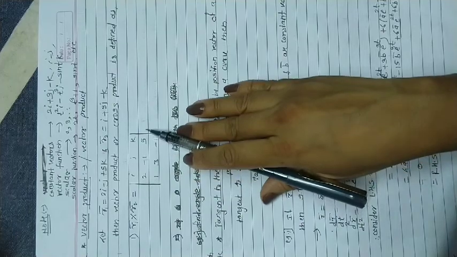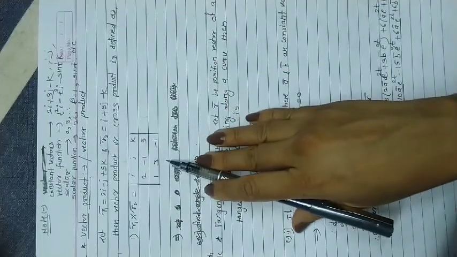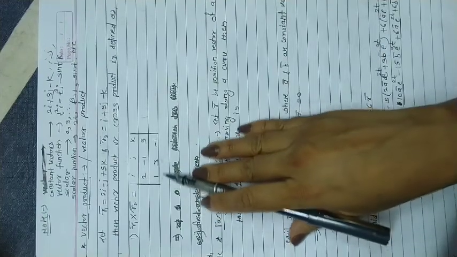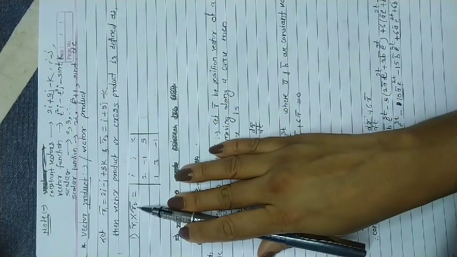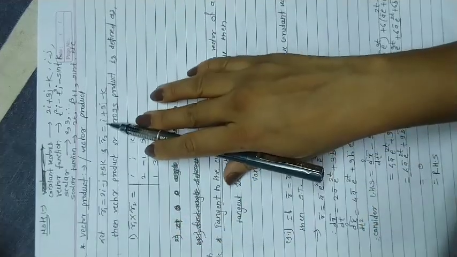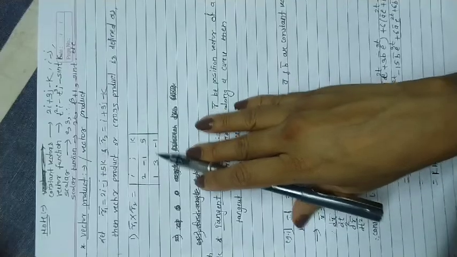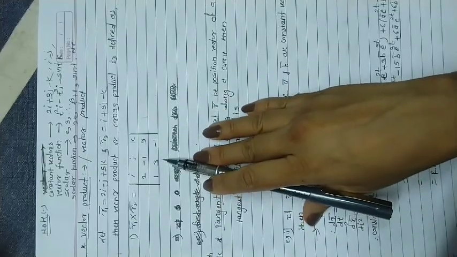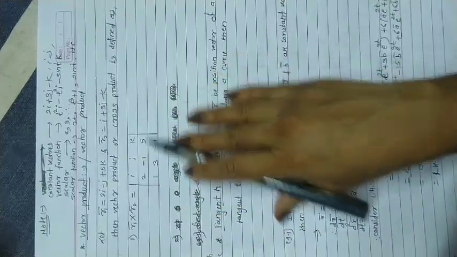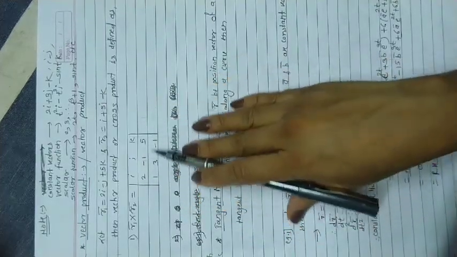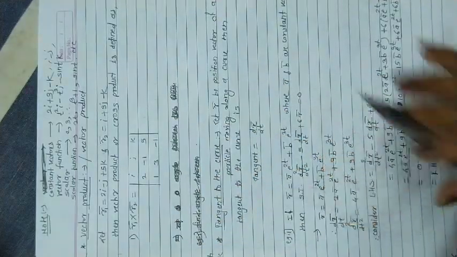Keep it as it is on the second row. The third row is the second vector's coefficients, that is 1, 3, minus 1. So i, j, k in the first row, the first vector's coefficients, the second vector's coefficients. This is nothing but the cross product of two vectors.